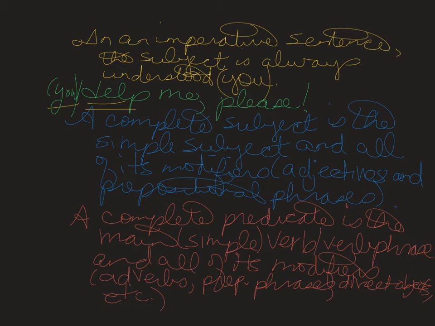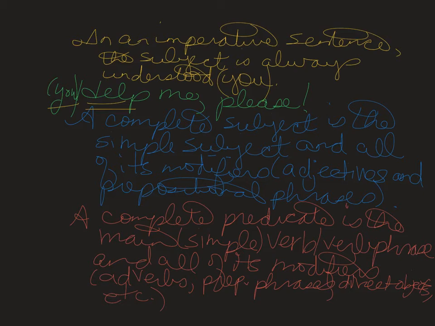Okay, so a complete subject is the simple subject and all of its modifiers, all the things that describe the simple subject, whether that be one-word adjectives often, or whether it be prepositional phrases that describe your simple subject. Everything that goes with and tells you more about your simple subject is part of the complete subject.